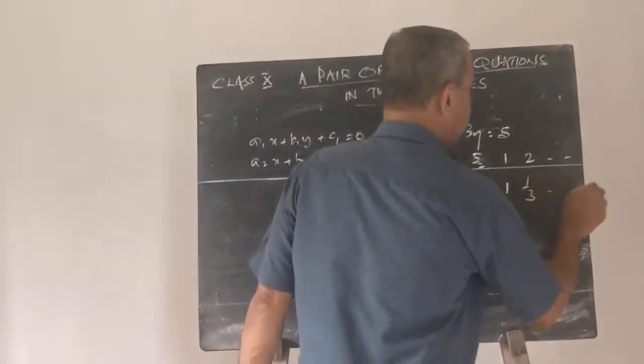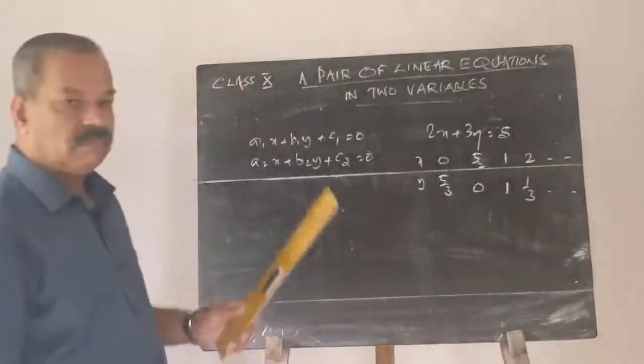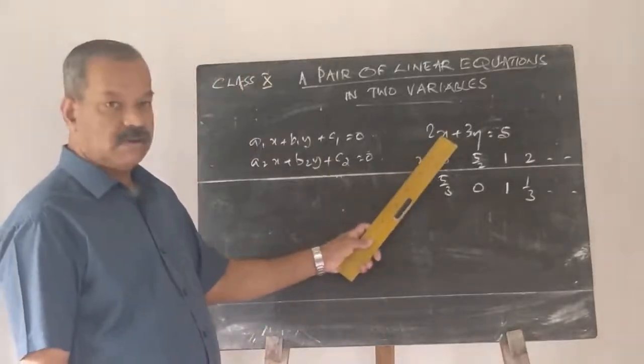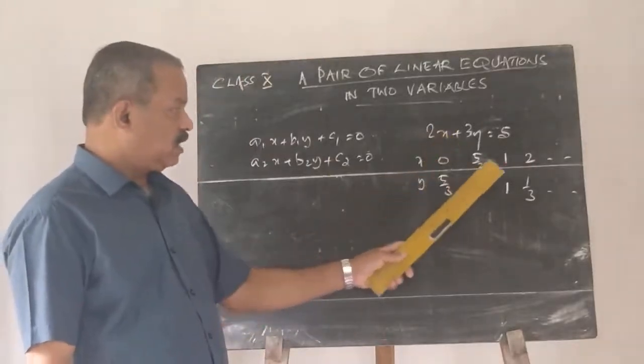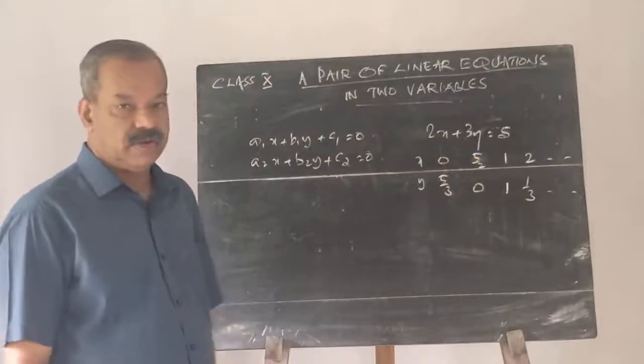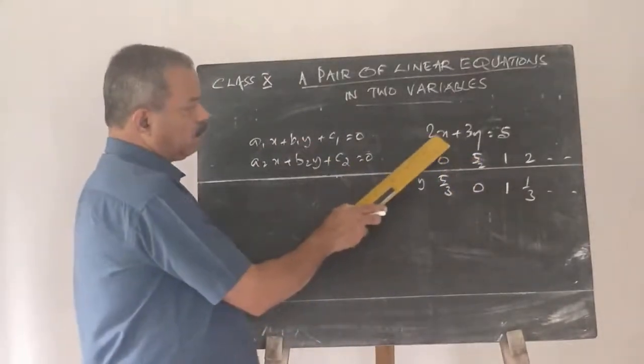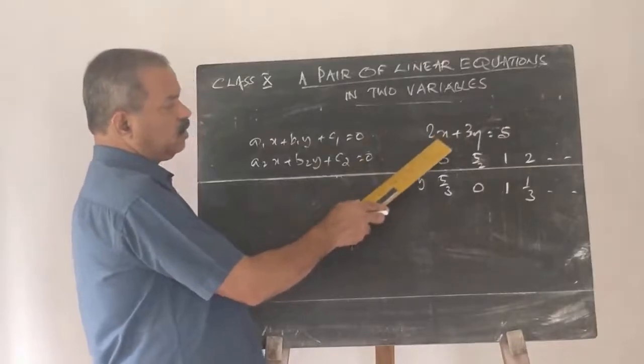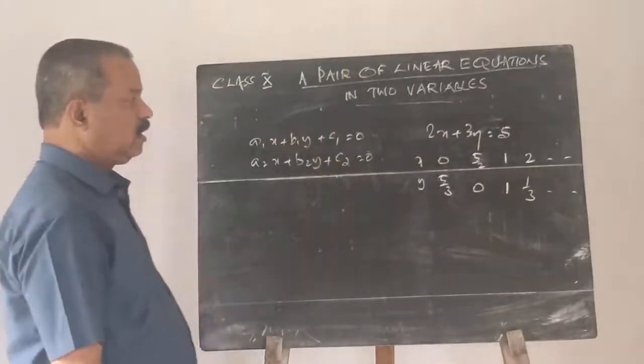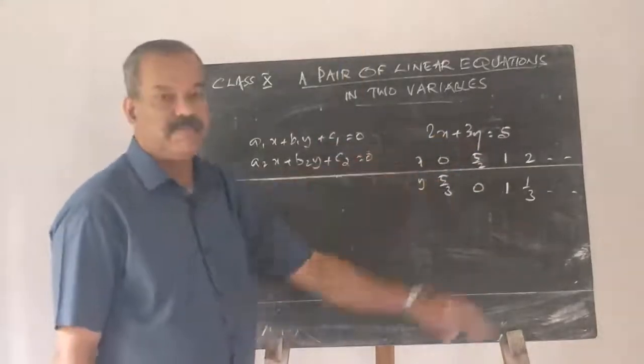In this way, when we replace x by any number, we get a corresponding y. Thus, we have seen that a linear equation in two variables has infinitely many solutions.